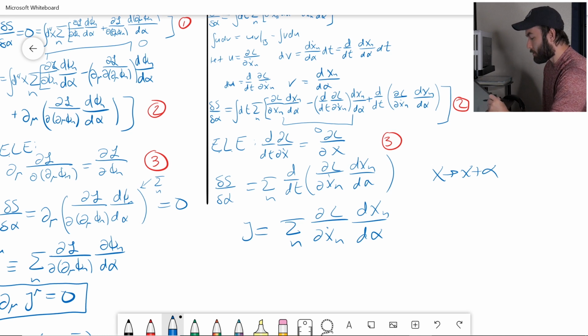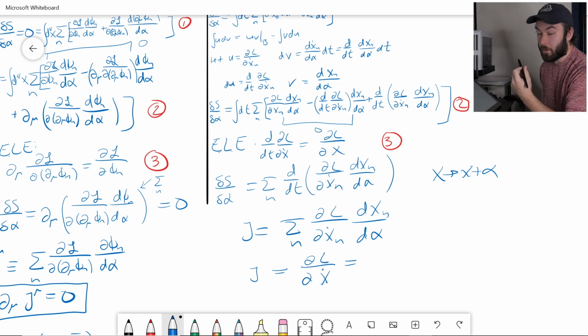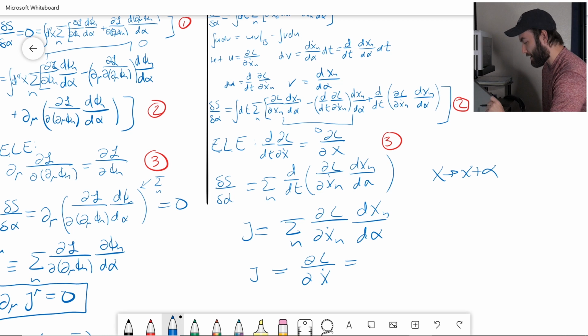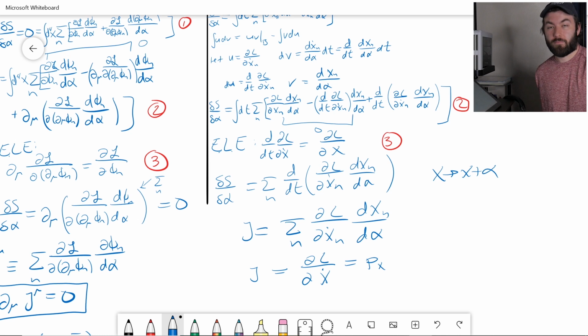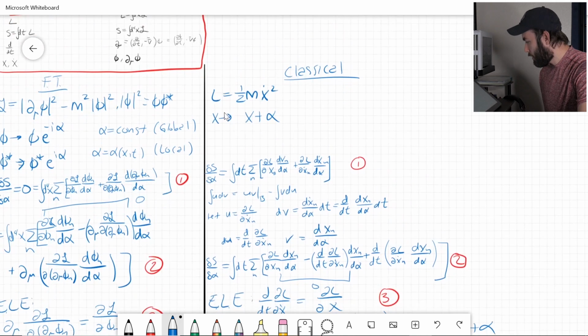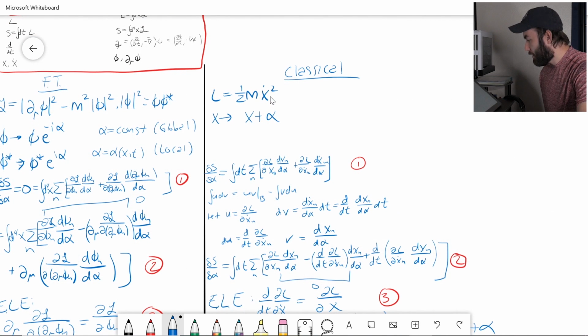So under this spatial translation in the x direction, we get that j is equal to dL/dx dot. And if you know your Euler-Lagrange equations, we know that that is just the momentum in the x direction. Now you could take my word for that, or you can look up at the Lagrangian. If we take the derivative of L with respect to x dot, the power rule brings down that 2, and we just get an m x dot. That's momentum.